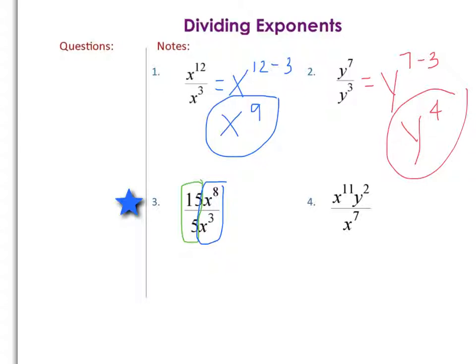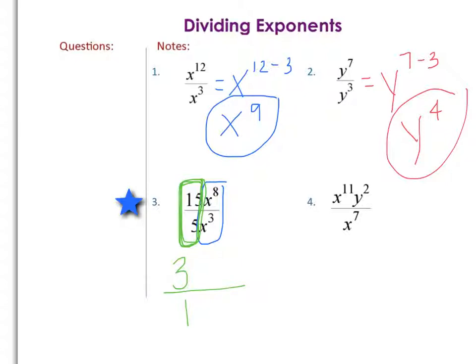Just because you have numbers attached to your letters, and when I talk about numbers, I mean these coefficients, that does not mean those coefficients have those exponents. So if I look at what I have in green, it's 15 divided by 5. Well, 15 divided by 5 gives me 3 on top and 1 on the bottom when I reduce it.